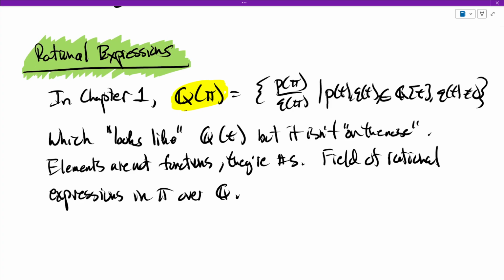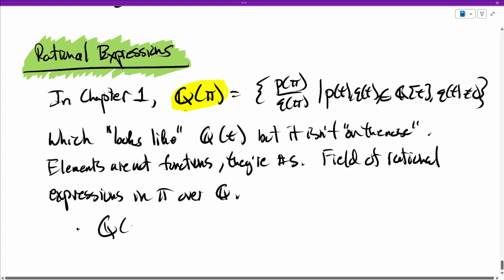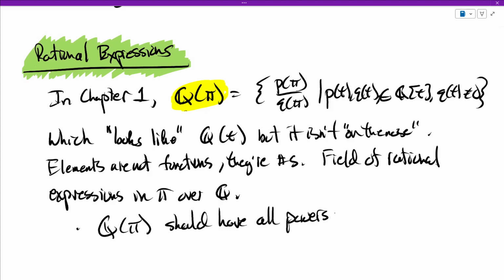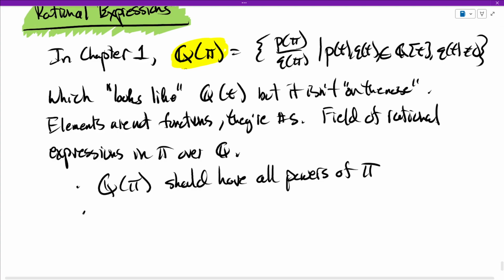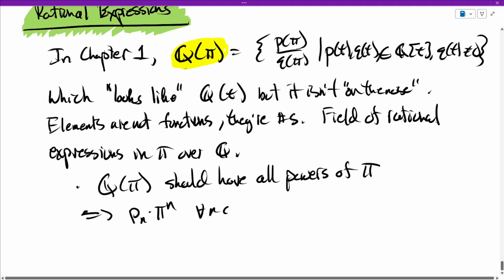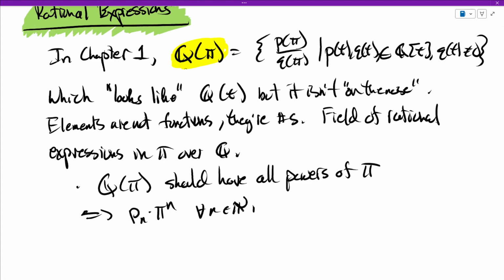It should have any powers of π, probably, because you have π, so you can multiply π as much as you want. So Q adjoin π should have all powers of π. It should have, therefore, all rationals times the power of π, for all n, because those are field operations.